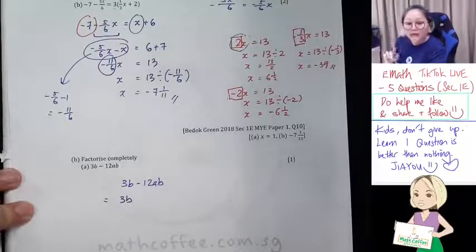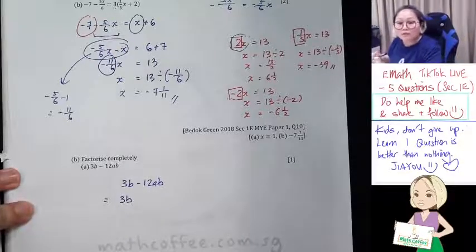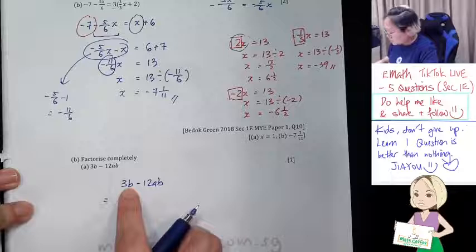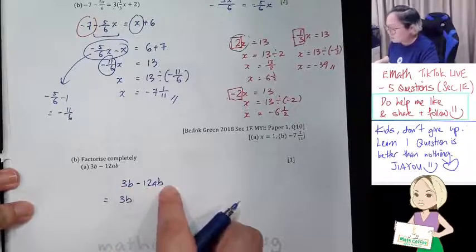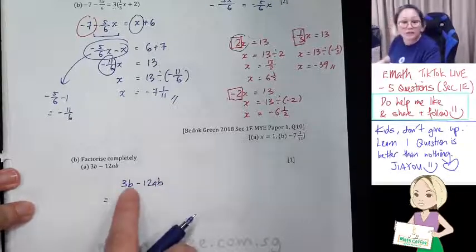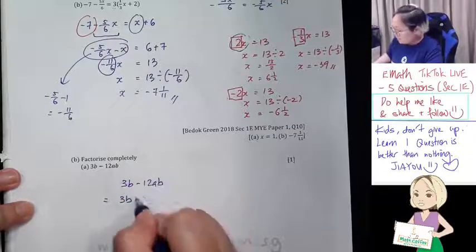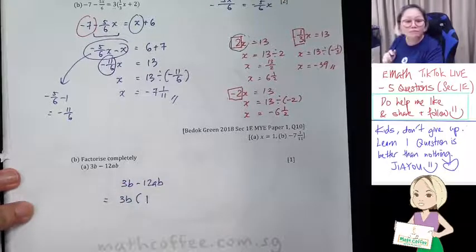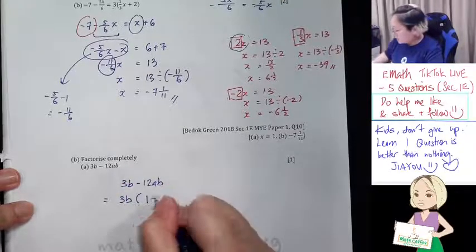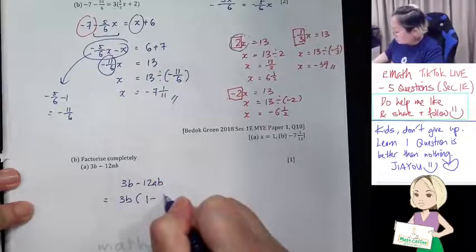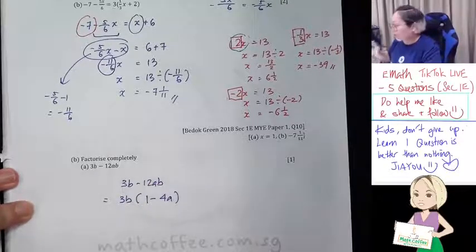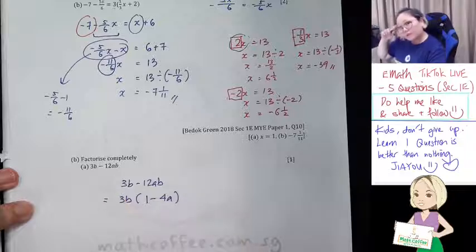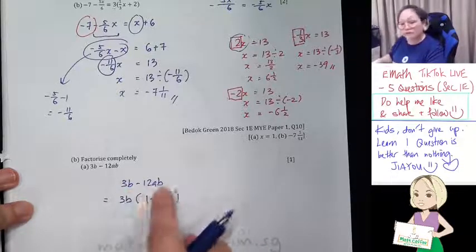Okay, kids, the common mistake is students take out the 3b, then they say left nothing already, then they go and write left minus 12ab. Wrong. You must know that there's 3b, you take out 3b, open bracket, there is a 1. Next, this one, 12 divided by 3, so it's 4a. So one way to check is, in your mind, do the rainbow, and see whether you get back the same thing.